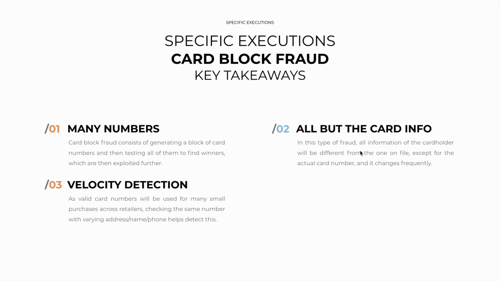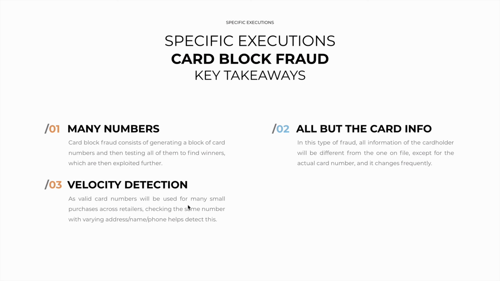Then, everything except the card information will be different, because the fraudster only knows the credit card number. So on retailer websites, you'll see the same credit card associated with different names, different phones, and maybe different addresses. Also, velocity techniques work very well here, because valid card numbers are used for several small purchases across retailers.